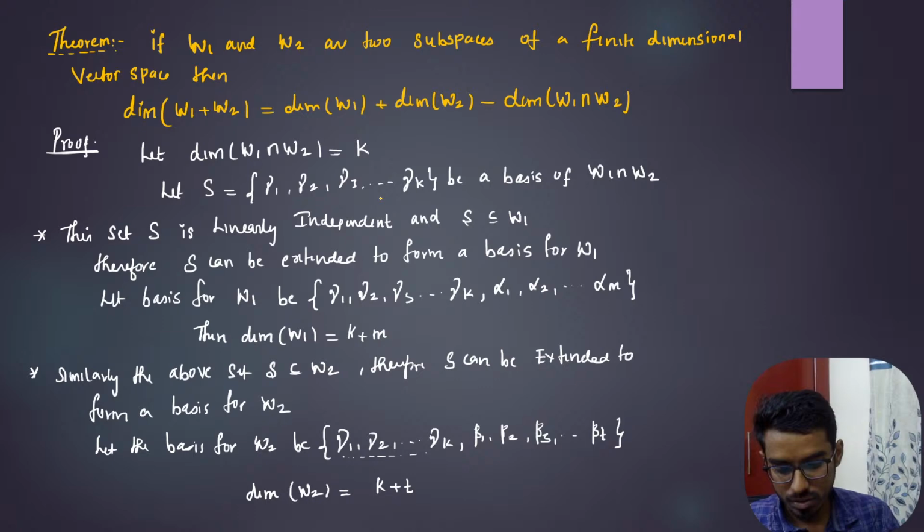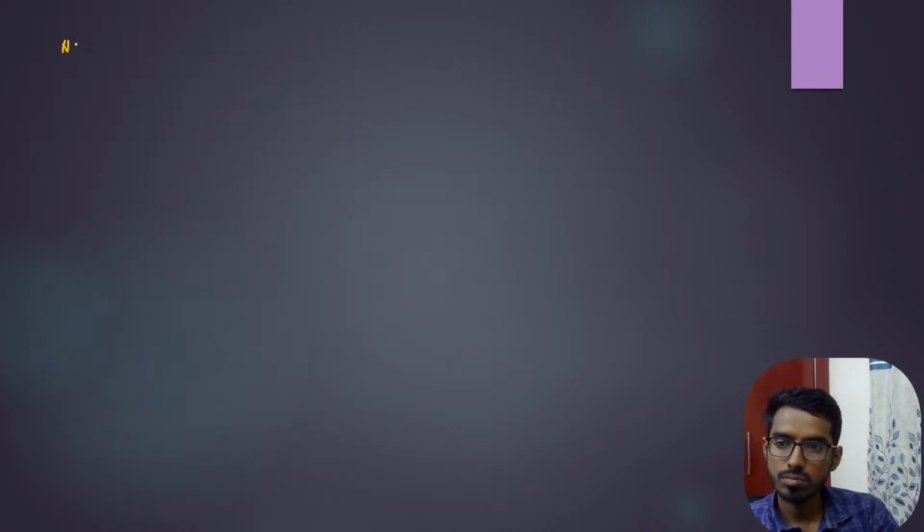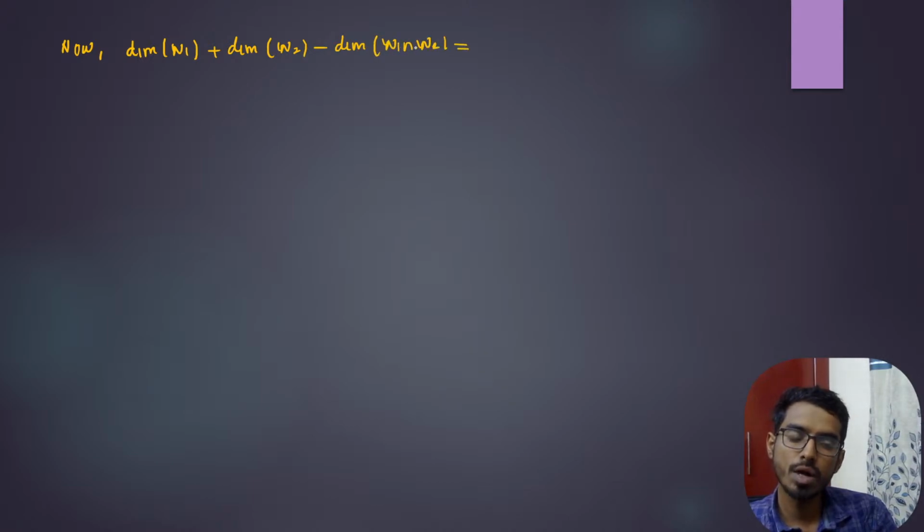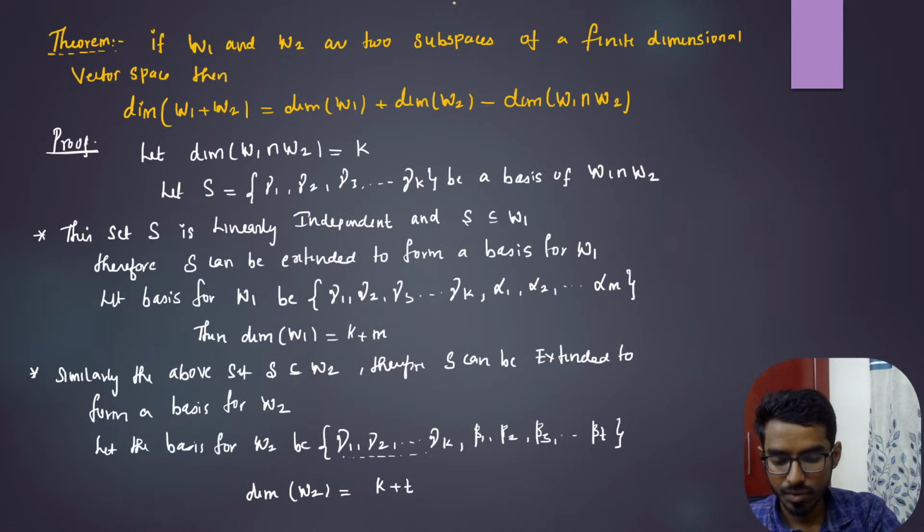Now what about the dimension of W1 plus dimension of W2 minus dimension of W1 intersection W2? What is the dimension of W1?